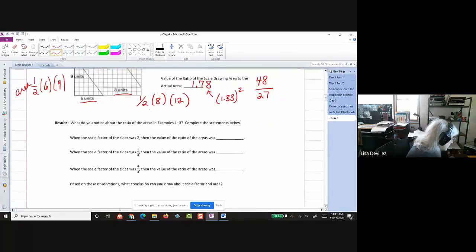All right. It says, what do you notice about the ratio of the areas? Complete the statements below. When the scale factor of the sides was 2, then the ratio of the areas was 2 squared, or 4.